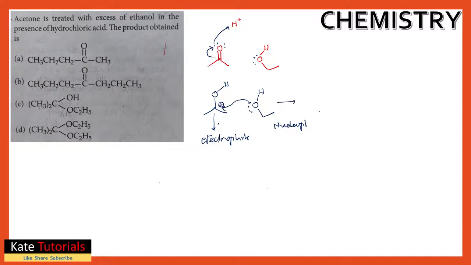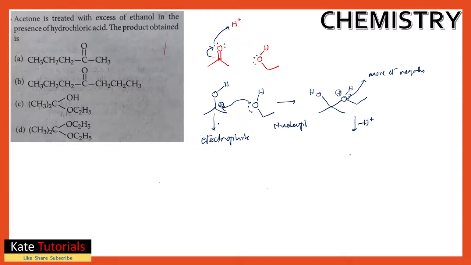I'm giving you the mechanism. Here it becomes OH, and here I have oxygen, H, CH2, CH3, and this oxygen will be having a plus charge. We know that oxygen is a more electronegative atom; it can't have a positive charge. So it takes the electron density, becomes neutral, and H goes as H plus.